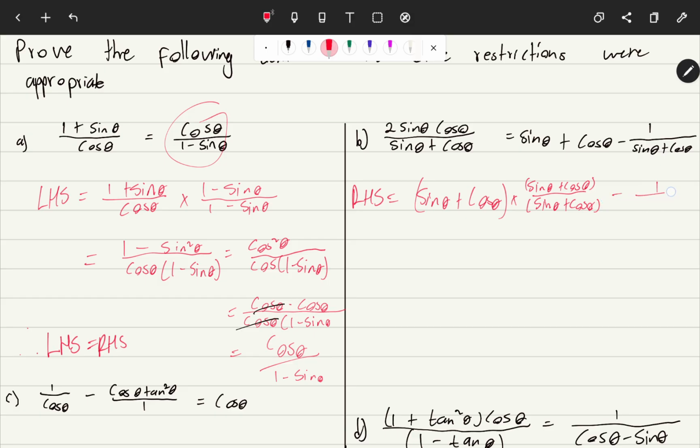Then you have 1 all over sin θ plus cos θ, right? So then you have (sin θ plus cos θ) squared, and sin θ plus cos θ minus 1.